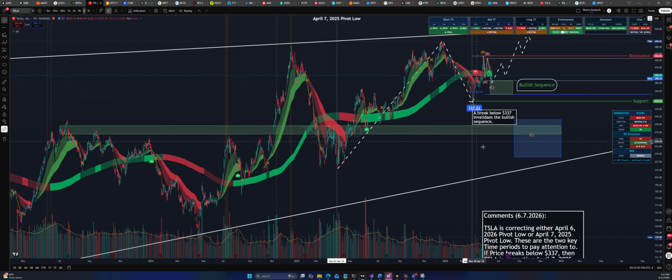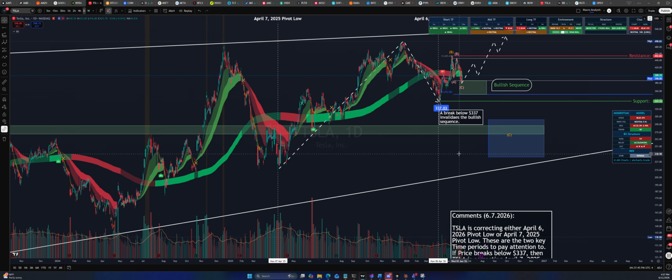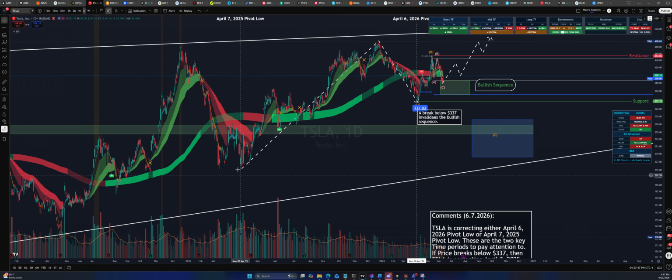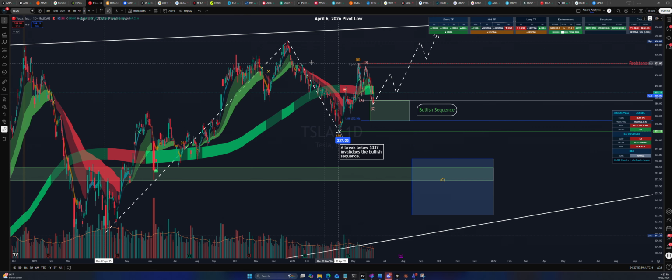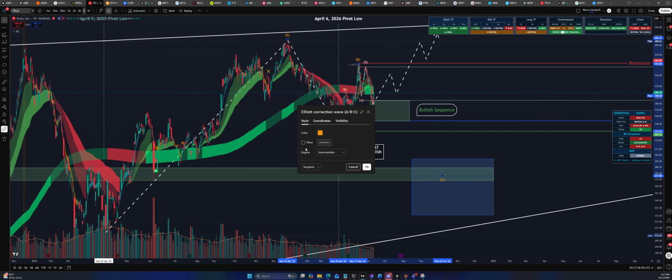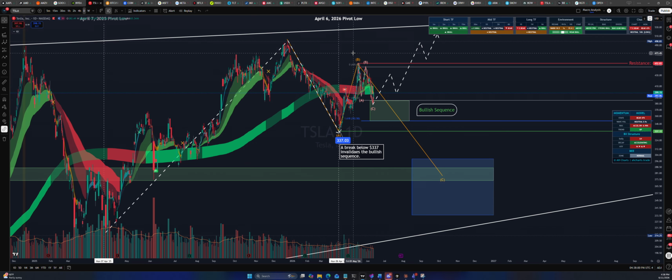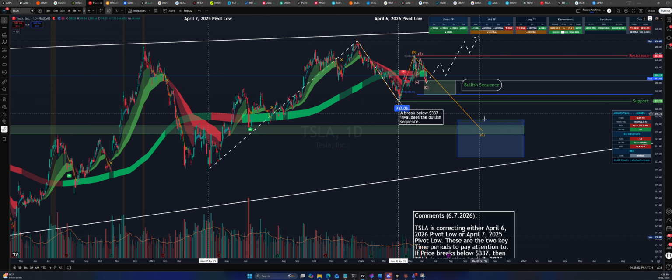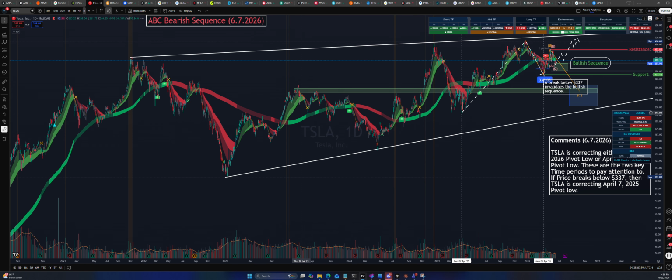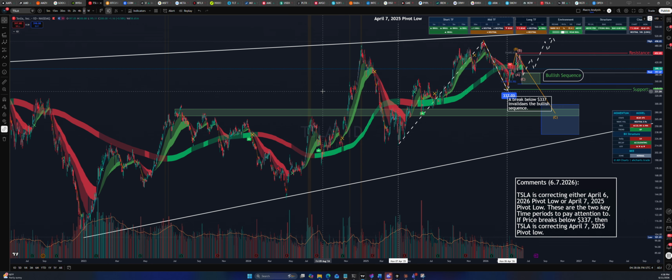Now, the bearish case scenario is that Tesla has not completed the retracement or the correction for April 7, 2025, and this entire move that you see here was a wave A. You're now experiencing a wave B to the downside, where Tesla comes back and retests this level from over here.